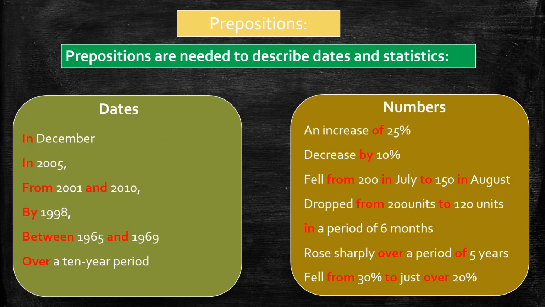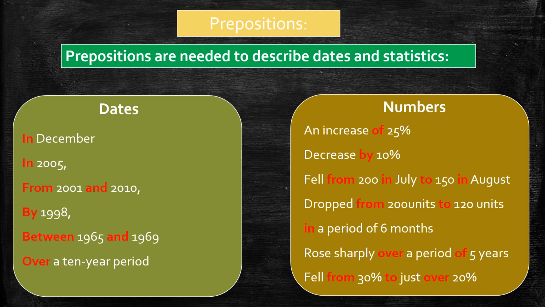Now, another important thing to remember when you are writing a graph essay is the usage of prepositions. You use prepositions to describe the dates and the statistics, the numbers given in the graph. When you are describing dates, this is how you write. For a month, you will say in December, in 2005.